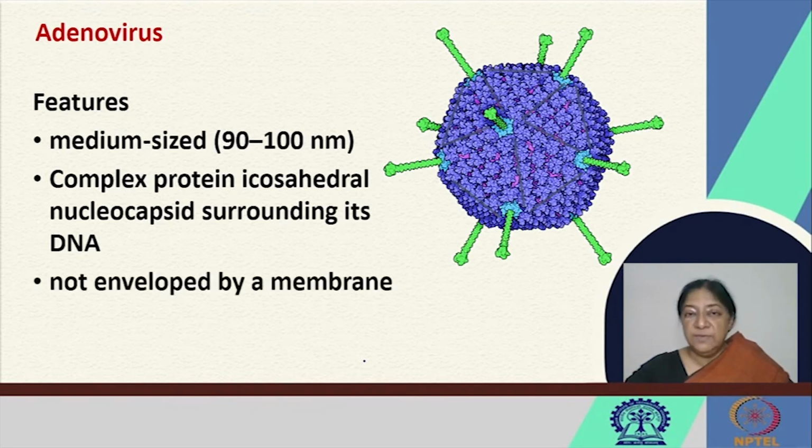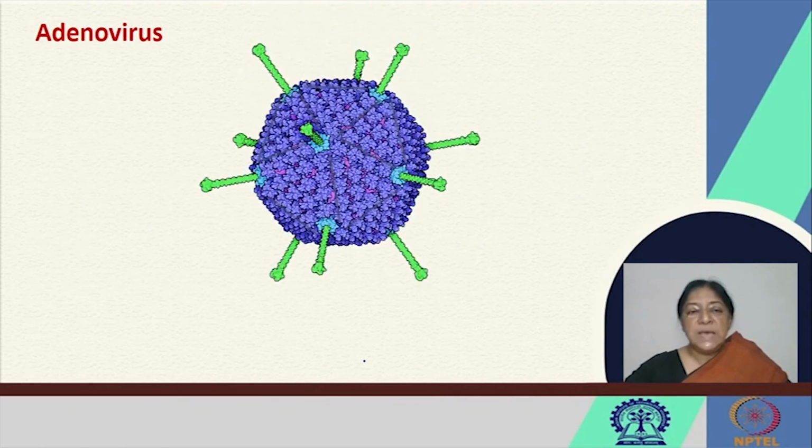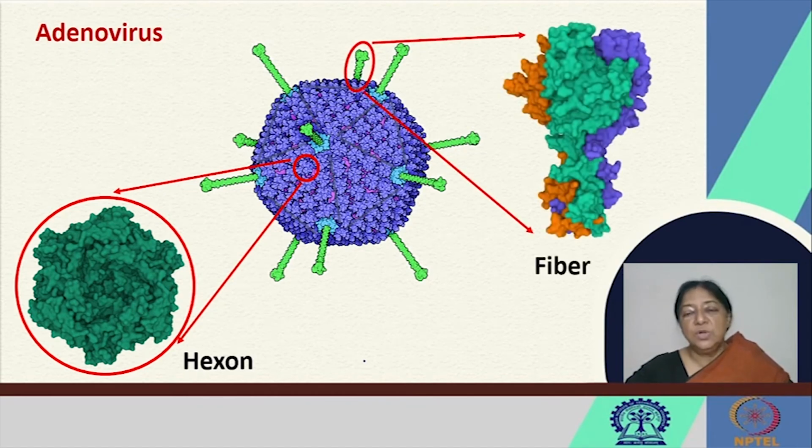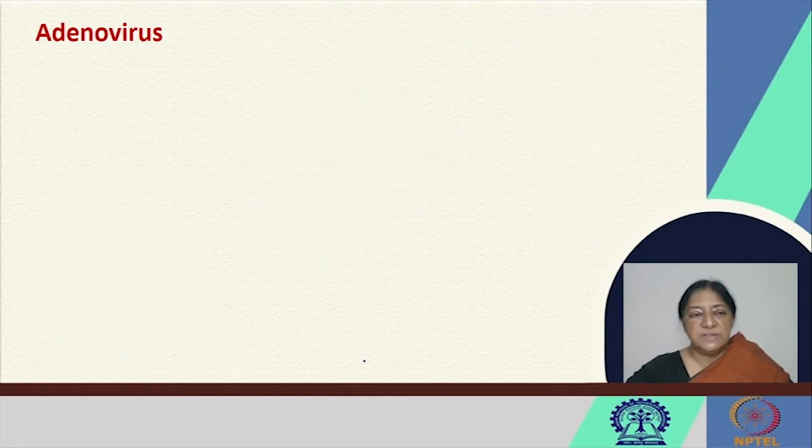It is not enveloped by a membrane, so we have the genome material covered by this capsid protein. This capsid protein has a group of structures that has 6 units to it called the hexon, and there is also a fiber that is also a protein on the surface of the adenovirus.